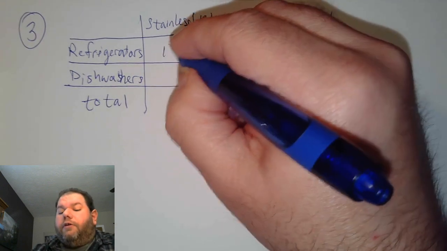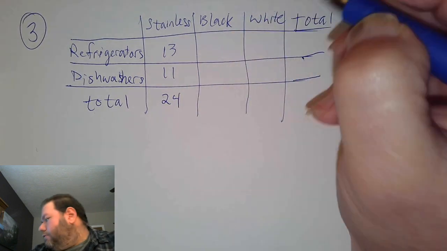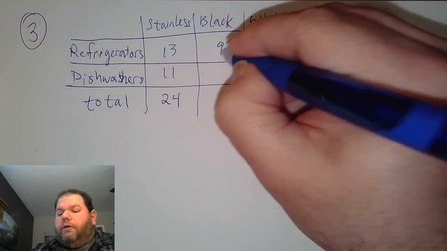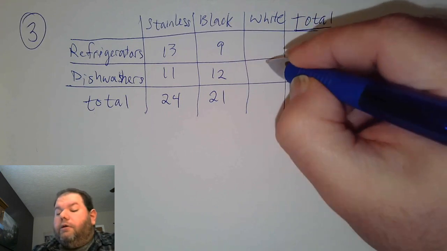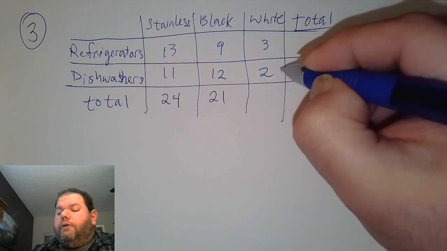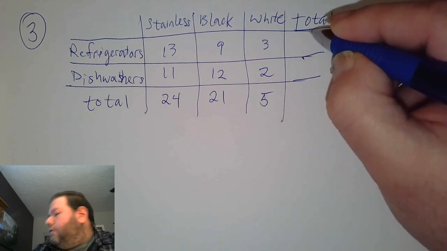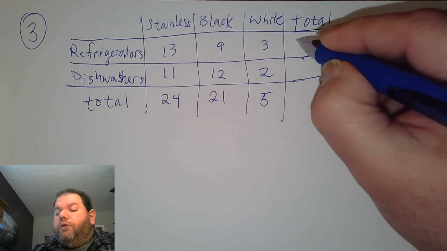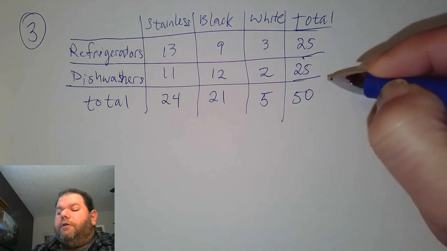And then just filling in the numbers, we have 13, 11, 24, 9, 12, 21, 3, 2, and 5, and 25, 25, and 50.